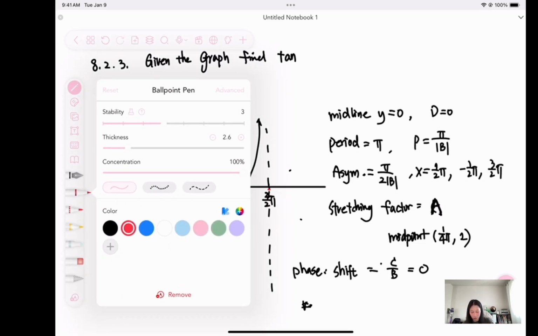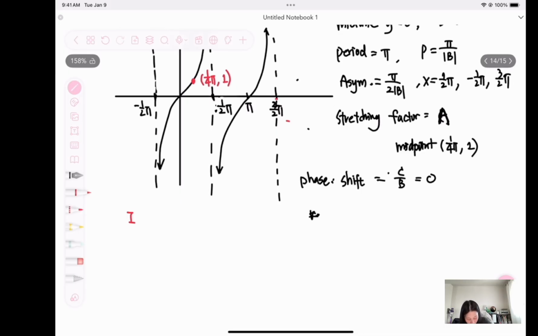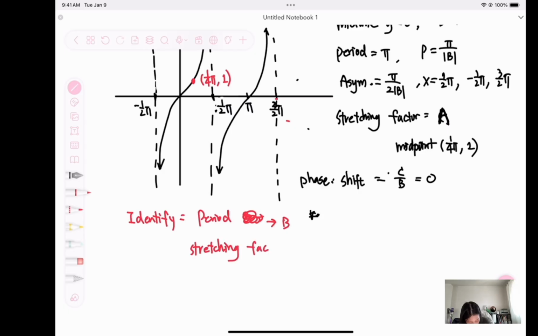So in general, in a graph, what you're looking for is to identify the period, which helps you find the B, because period is equal to pi over the absolute value of B. The stretching factor is the midpoint.